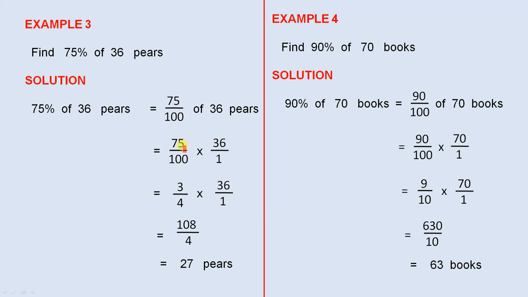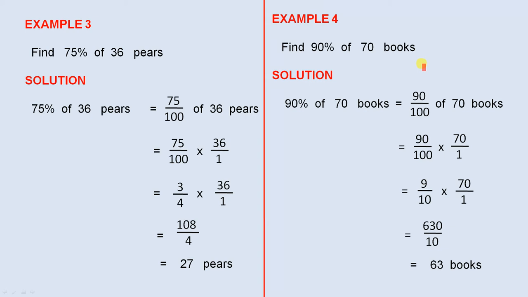Now to simplify 75 over 100, we divide top and bottom by 25. 75 divided by 25 gives us 3. 100 divided by 25 gives us 4. 36 over 1 is there. 3 times 36 is 108, and 4 ones are 4. 108 divided by 4 gives us 27. So 75% of 36 pairs is 27 pairs.